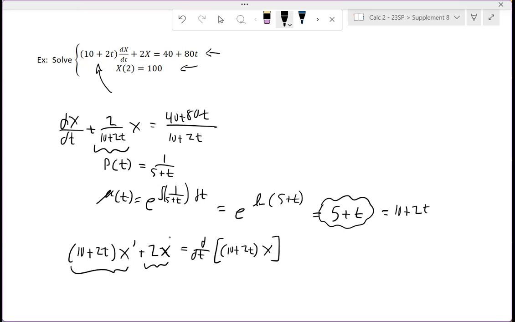So I actually can just go back up here, and I don't have to explicitly use this integrating factor. It's already easily made into a perfect derivative on the left-hand side. I can integrate both sides.